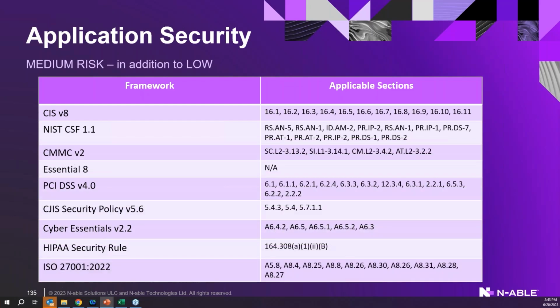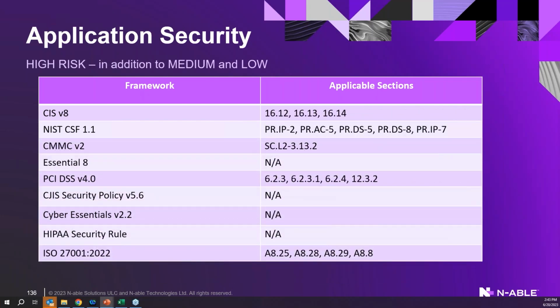When we get up to medium risk, they start asking for it, and whenever we're in high risk, there are more controls being asked for.